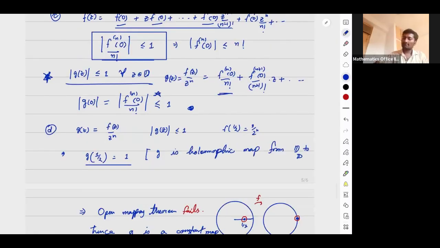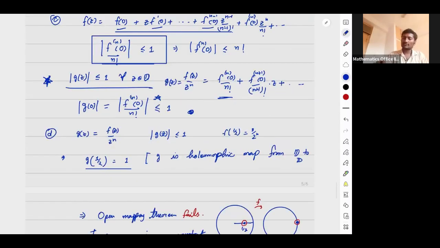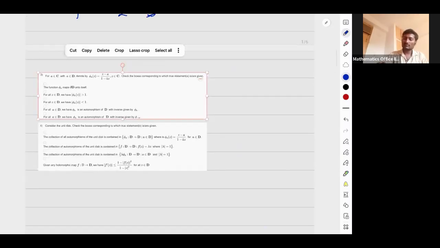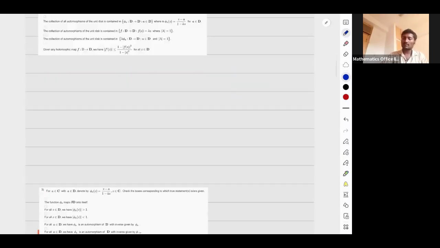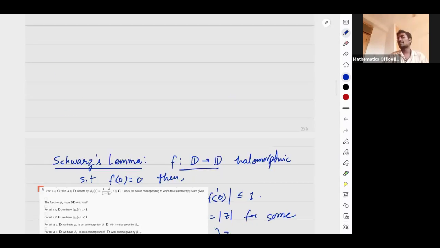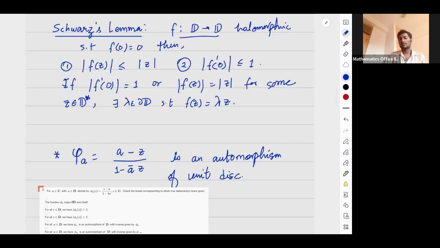Okay. Let's see other questions because we have, I think, 2 more questions to think about. I don't think we will use the Phragmén-Lindelöf method, but it is important to look back.